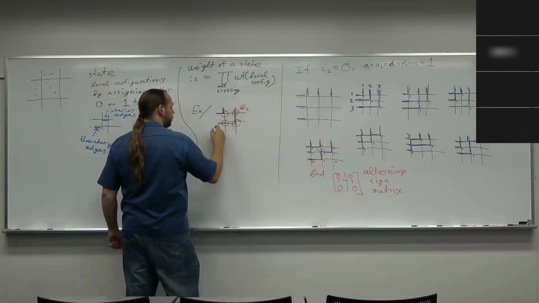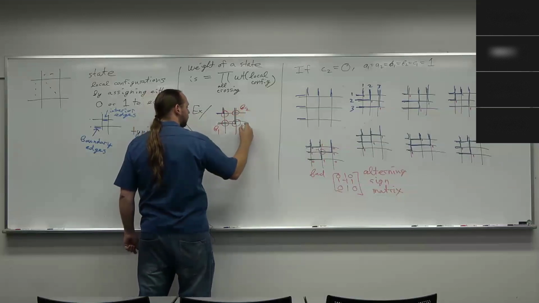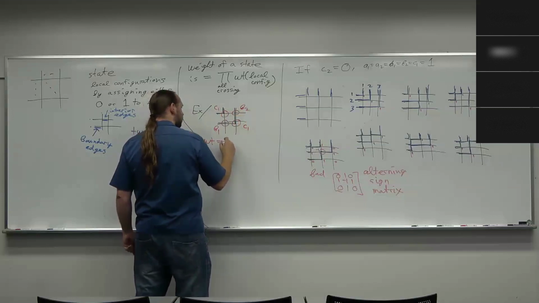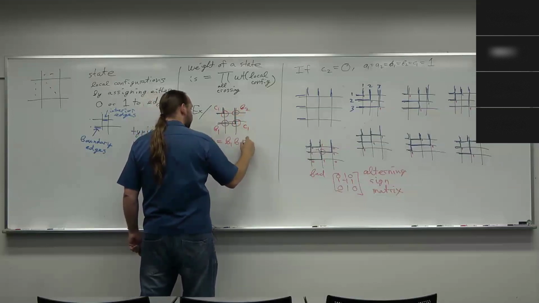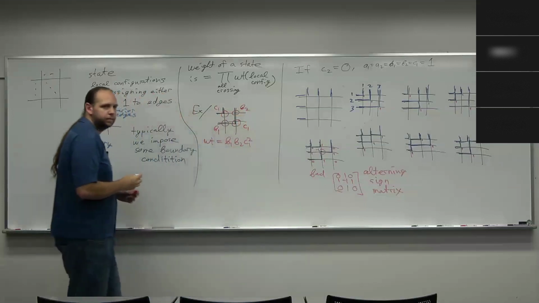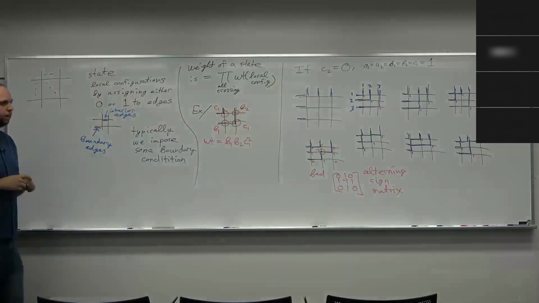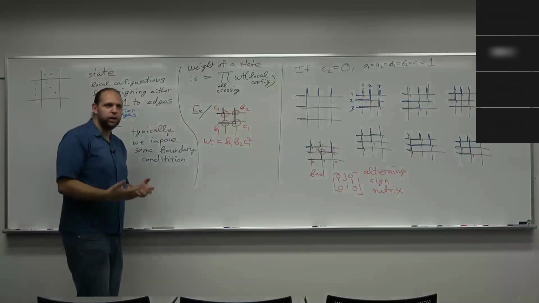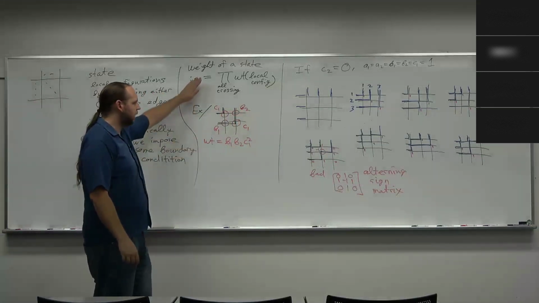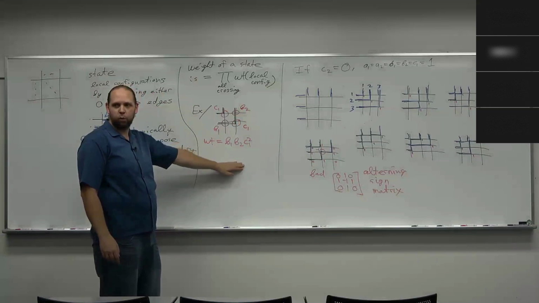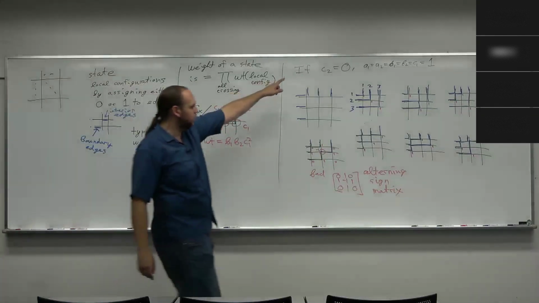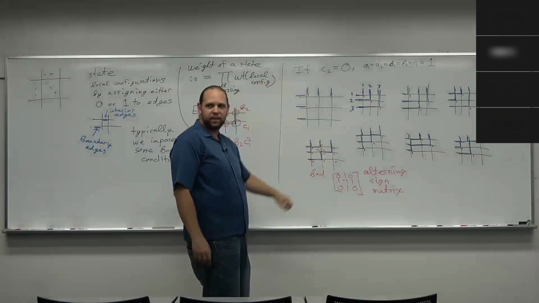This is a B2, this is a B1, and these are both C1. So the weight is B1, B2, C1 squared. So in particular, if a local configuration weight is 0, then the weight of the state will be 0. And so that's why setting C2 to 0 means I can't have this state in here.